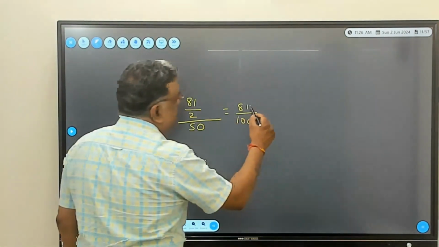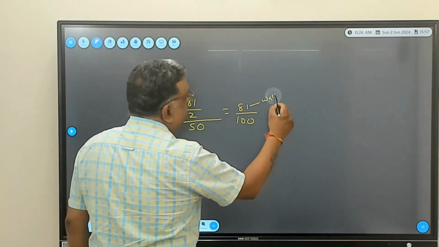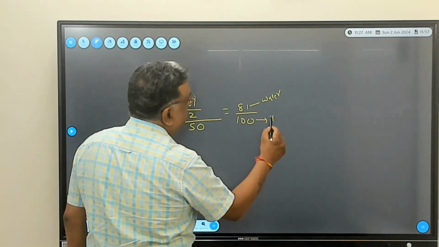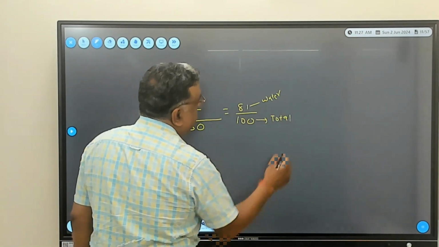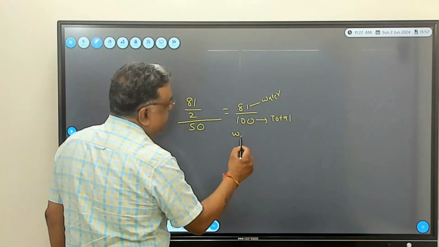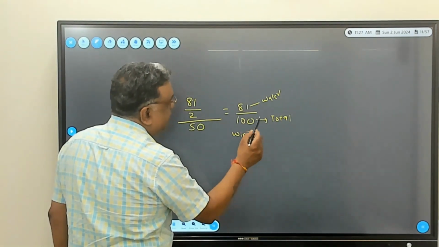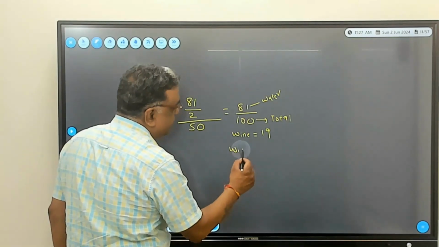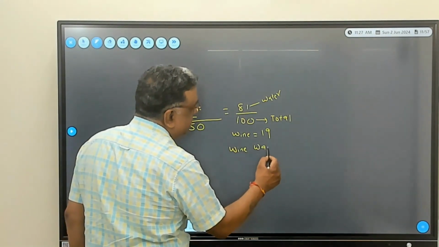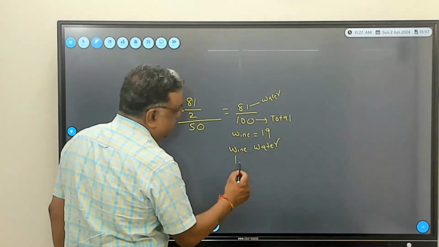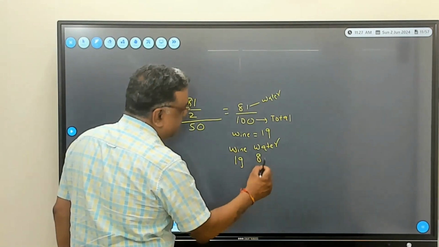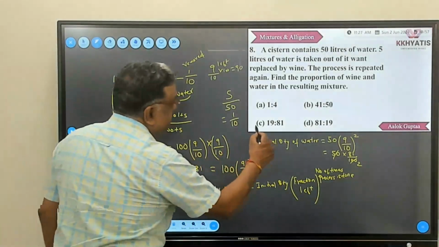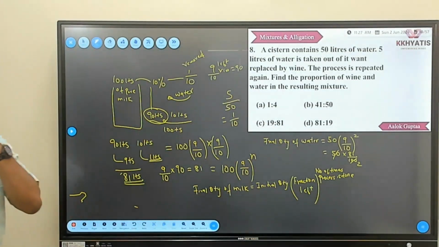Which means this is water and this is total. Which means how much is wine? Total minus water, that is 19. What will be the proportion of wine and water? 19 is to 81. This is the answer. Correct?